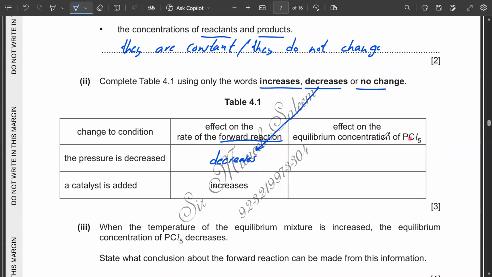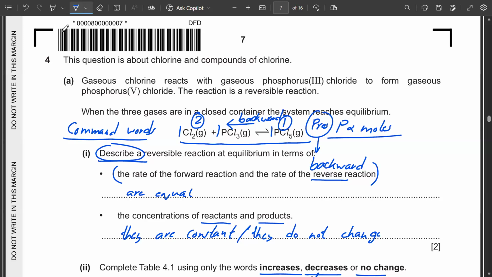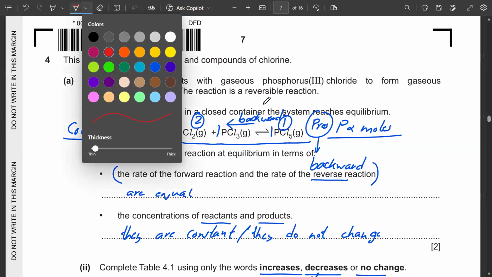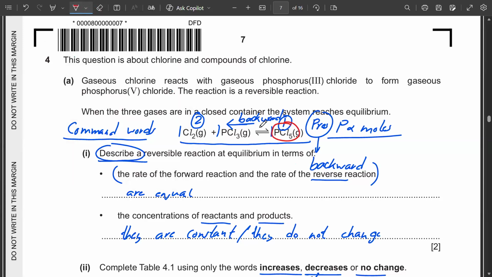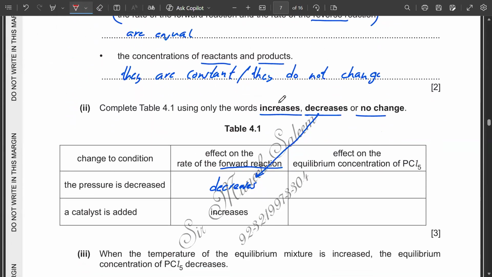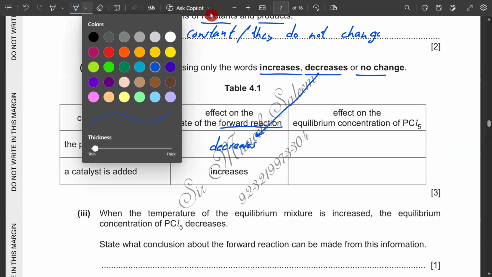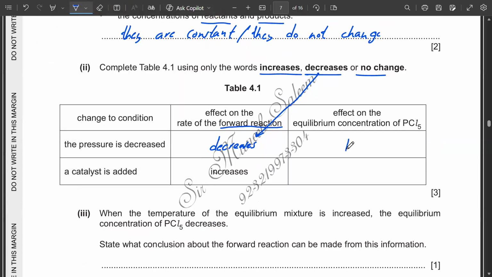So what is the effect on the concentration of PCl5? We again see PCl5 is basically the product here. In a similar way, if we decrease the pressure, then equilibrium is shifting towards the reactant side, not towards the product side. That means the equilibrium amount or the concentration of the PCl5 will again decrease.